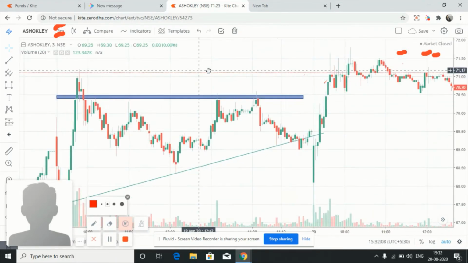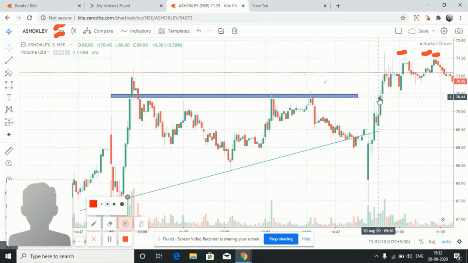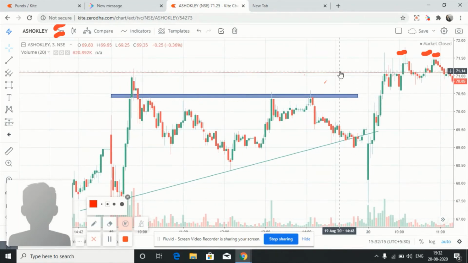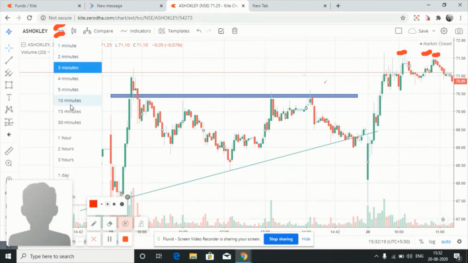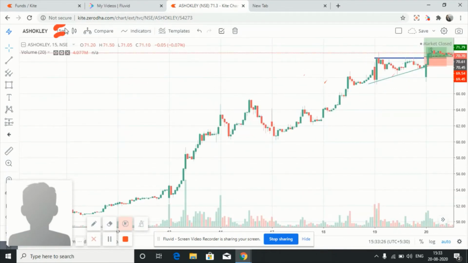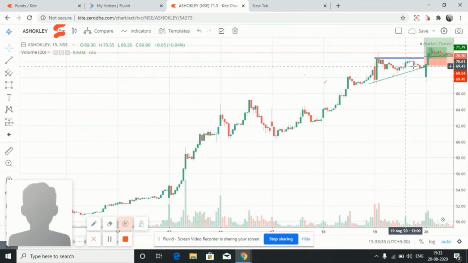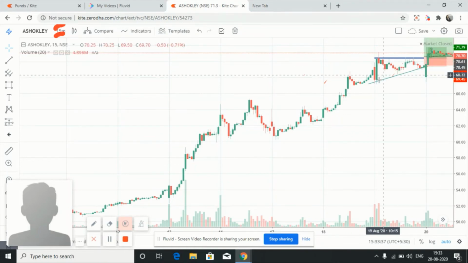Now let's convert our chart to a 3-minute frame and let's see what happened for the day. On a 3-minute chart, let's see the entry point. First, let's take a look at the 15-minute chart. We have taken a long position over here and we have kept our stop loss at this point. The reason for the stop loss here is that below this trend line there will be a breakdown, and we'll try for a 1:1 target.